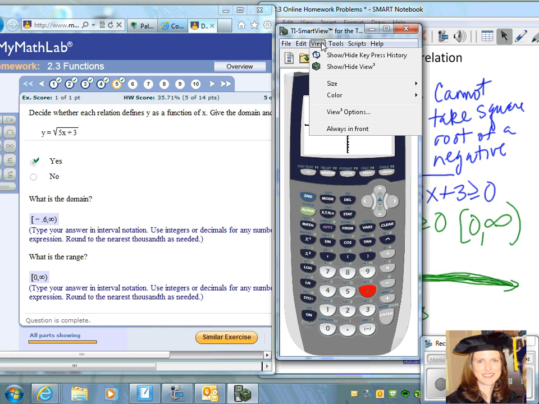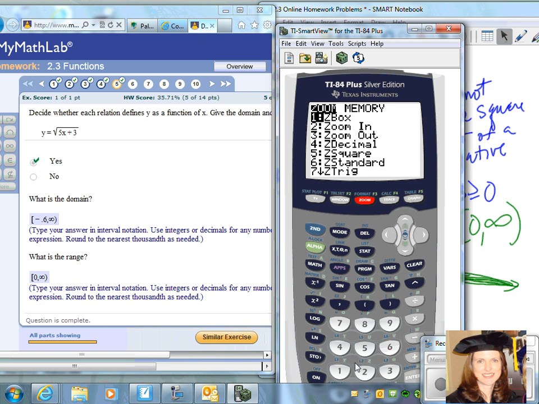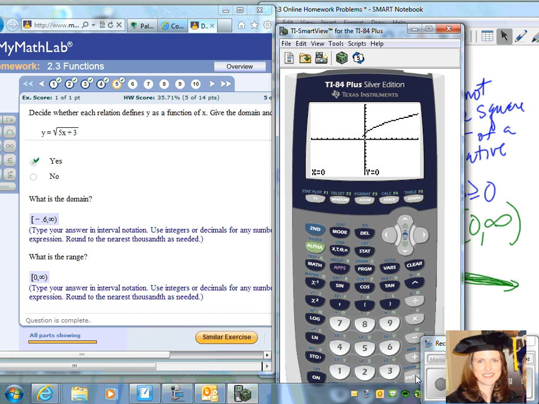Let me see if I can get a close-up of this. It's not that easy to see, so I'm going to zoom in, zoom 2 and enter. The graph begins here on the left side. When we talk about domain, it's the left side to the right side. So how far to the left does this graph go?